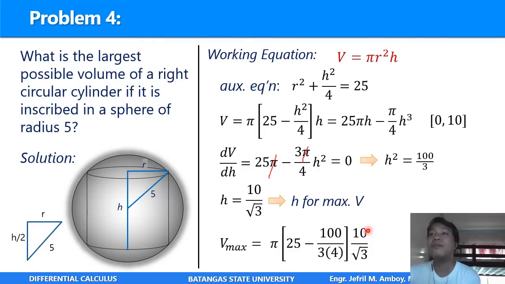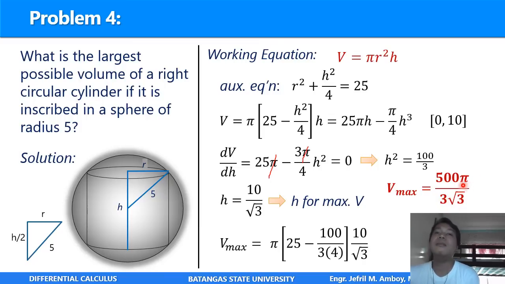So, makakaroon ka ng term na 500 times pi over square root of 3. Okay? So, now, that is the maximum volume of the cylinder inside. So, we have 500 pi over 3 square root of 3. Again, kung nahihirapan ka mag-mental, i-calculate mo na lang ito at ang makukuha mong sagot ay ganito po, 500 pi over 3 square root of 3.